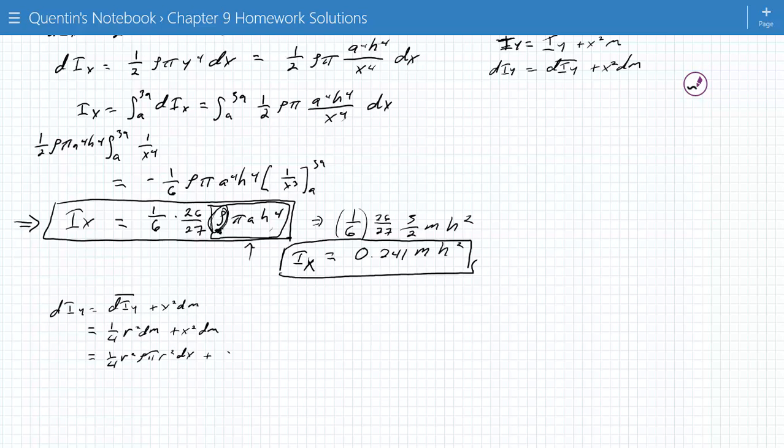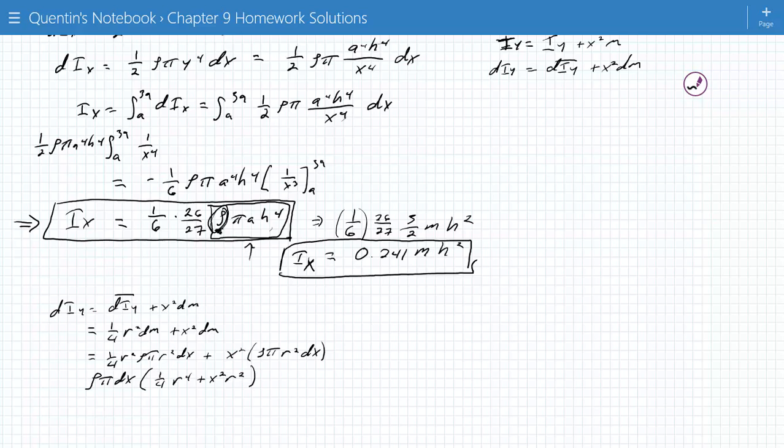And this is going to be plus x squared times rho pi r squared dx. Okay, so I can start simplifying this, and I can pull out the rho pi dx, and you end up with 1/4 of r to the 4th plus x squared r squared.